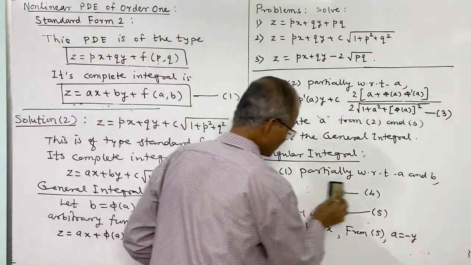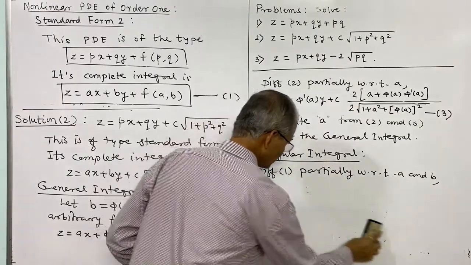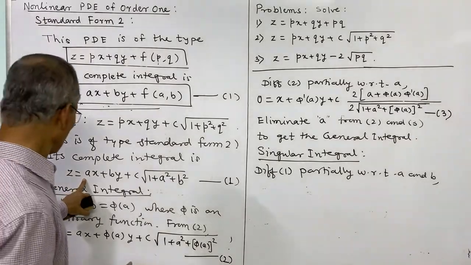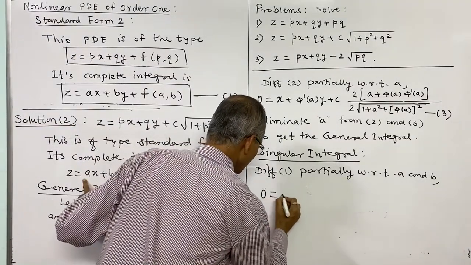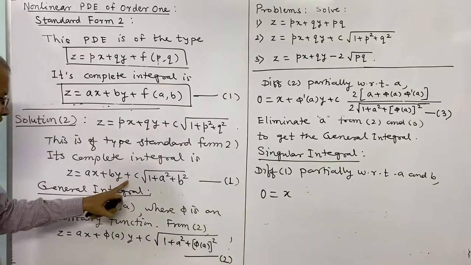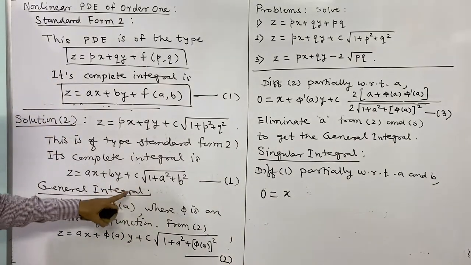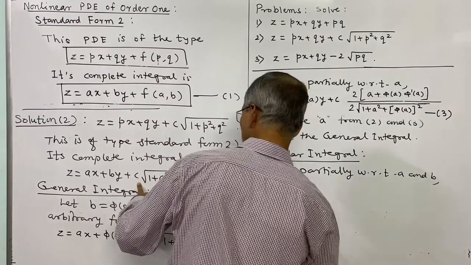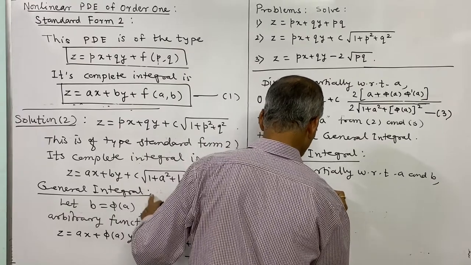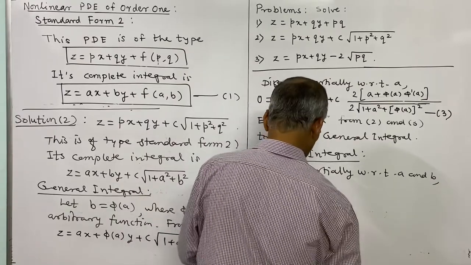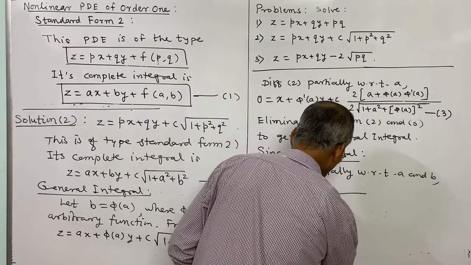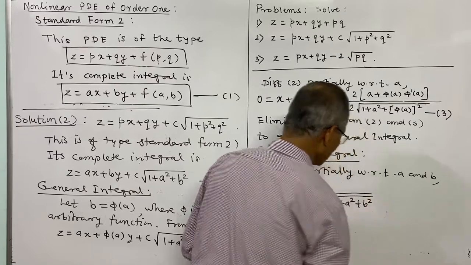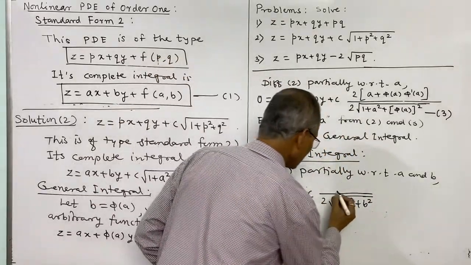So what we shall get is the partial derivative of 1 with respect to a: 0 is equal to x, plus c as it is, into 1 upon 2 under root 1 plus a square plus b square, into the derivative of the inner function, that is 2a.